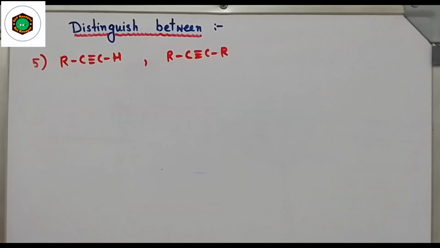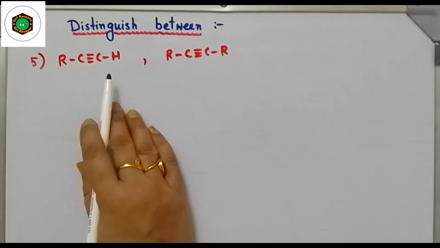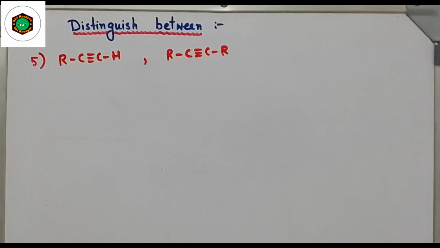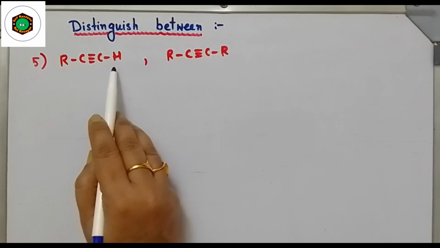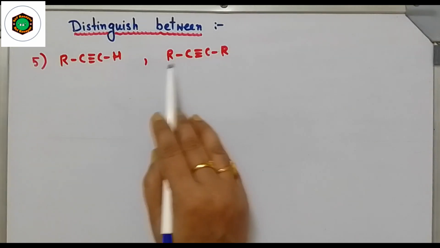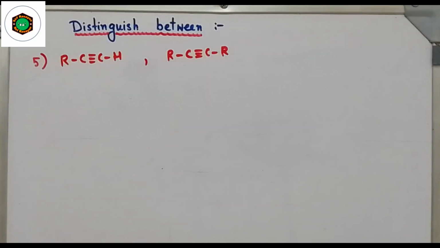Now how to distinguish between terminal alkyne and internal alkyne? Terminal alkyne means here you will get H, but internal means both the side substituents are there.